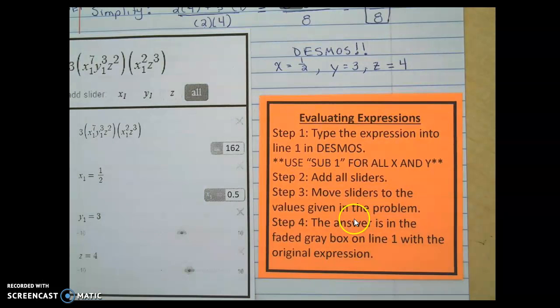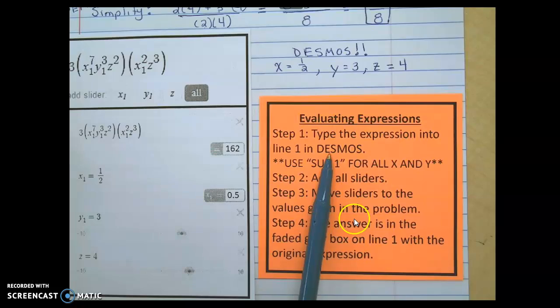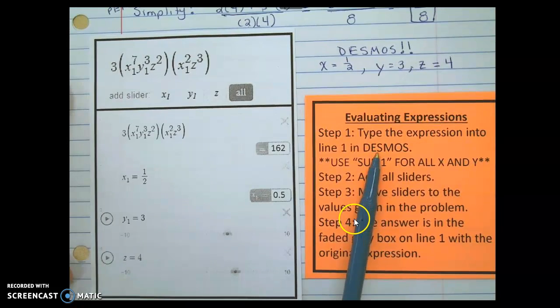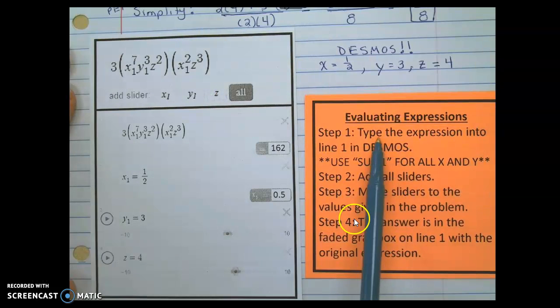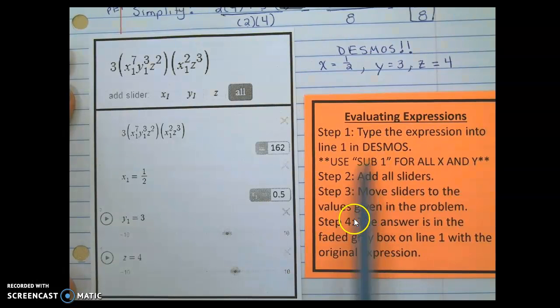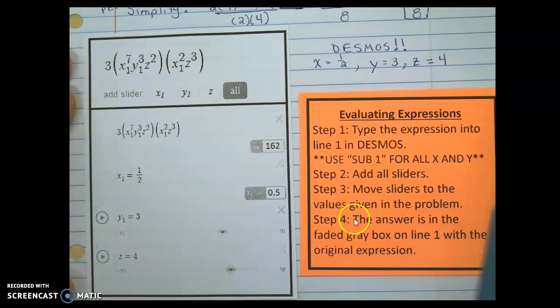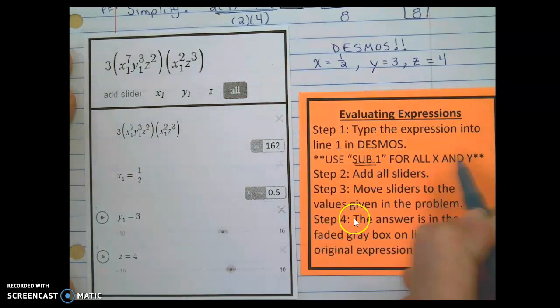We're going to follow the same steps that we did yesterday, where we are going to match our instructions for Desmos with what's going on in the example on this white piece of paper. So number 1, you will type the expression into line 1 of Desmos. That's what we did for simplifying. And we must use sub 1 for all x and all y. Underline that, please, for all x and all y.